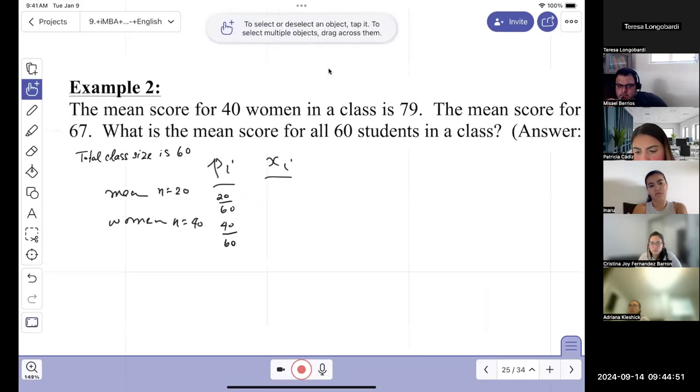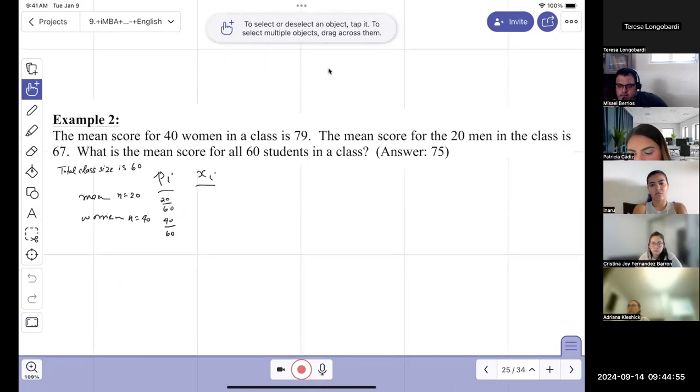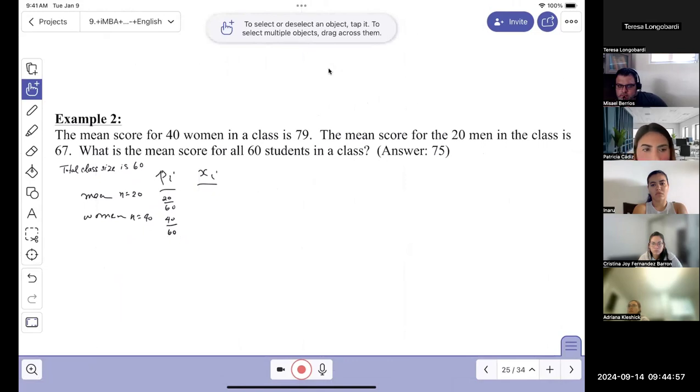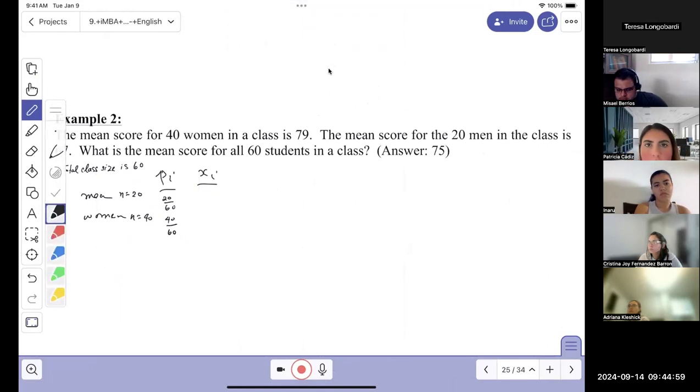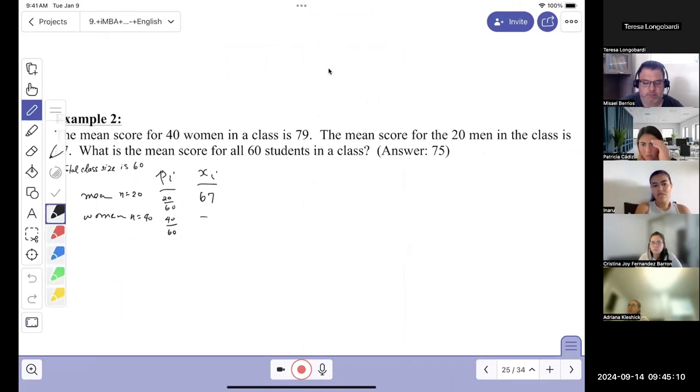And so the men earned 67, and the women earned 79. And now you want the average.